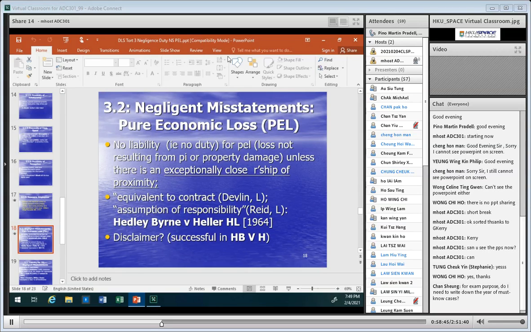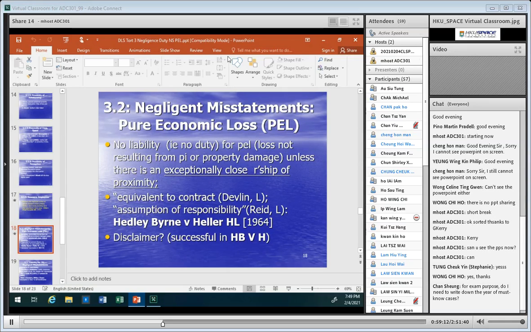Also, the courts say there have to be 2 elements here. First, an assumption of responsibility, and then reasonable reliance by the other party. So the person making the statement must have assumed responsibility. Normally that's somebody who's an expert in the financial field or whatever field they might be in. In Hedley Byrne v Heller, they were financial experts. And reasonable reliance by the other party.